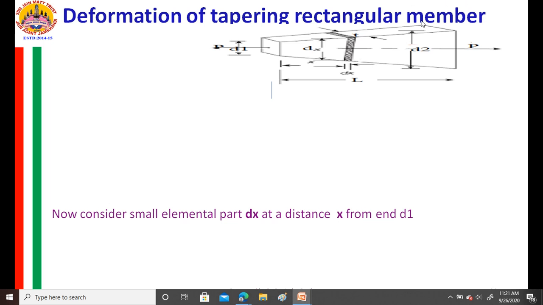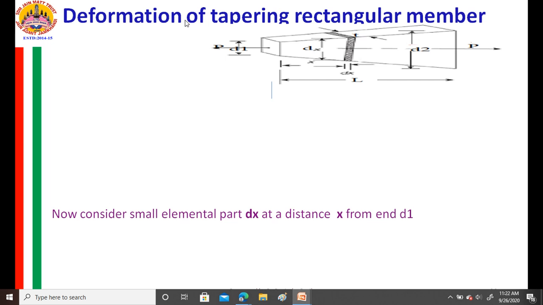Like I am considering only the L by 2 length. Here the area is this much and here the area is this much. The difference in depth is reduced when I am reducing the length of the member. So I am considering a very small part, so that within this, whatever the variation in depth is there is almost constant.